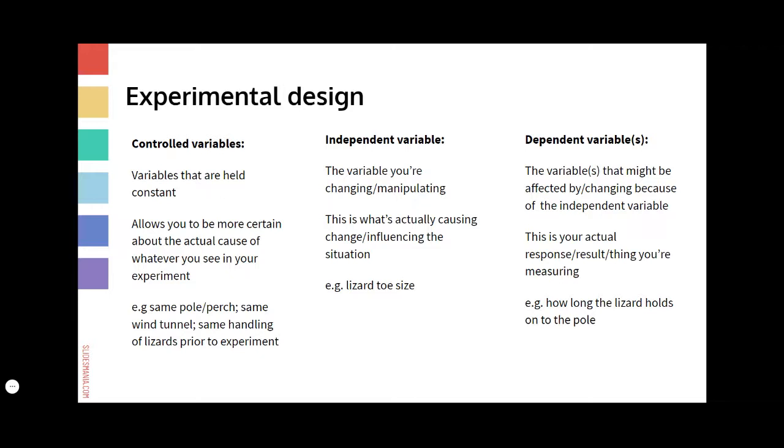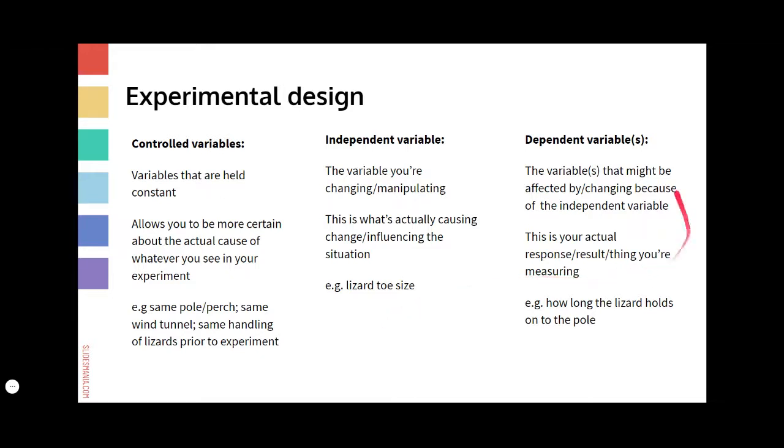So this could be lizard toe size in our lizard example. It could be, if I'm baking bread and I want to see if baking it at different temperatures affects how fluffy my bread gets, the temperature of the oven. Those would be examples of independent variables.